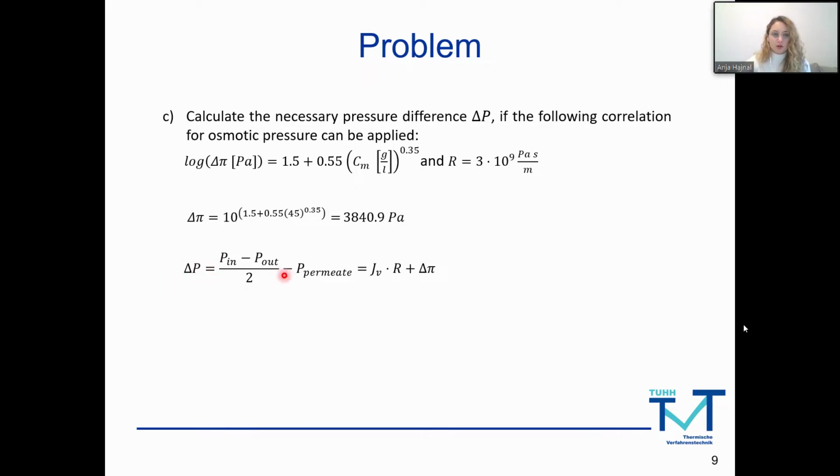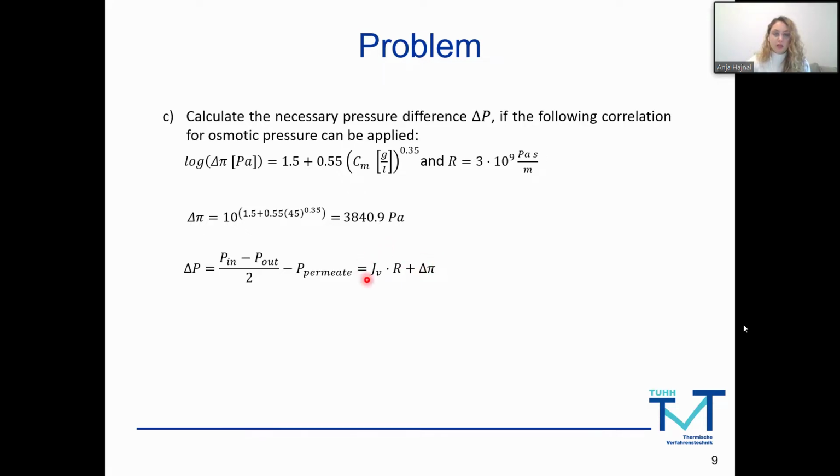This is the pressure inside our tube, and this is the pressure on the permeate side. Inside our tube, we take it as the average pressure between the inlet and the outlet, because we will have some pressure drop. And this is just the pressure at the permeate side.